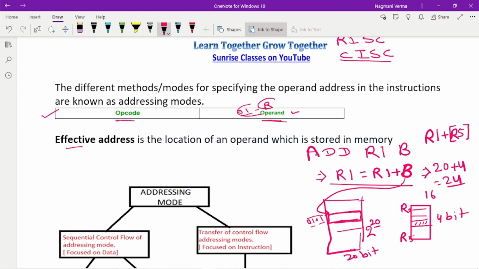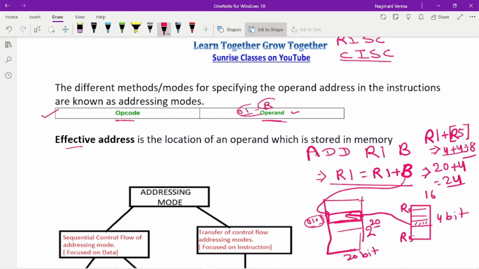So if I give R5, R5 will come here, and from here it will go to this address, and they will find the right variable, the right data. But here the instruction length will be only 4 for R1 and 4 for R5, so it will become only 8 bits. So this addressing mode is used to decrease the instruction length.